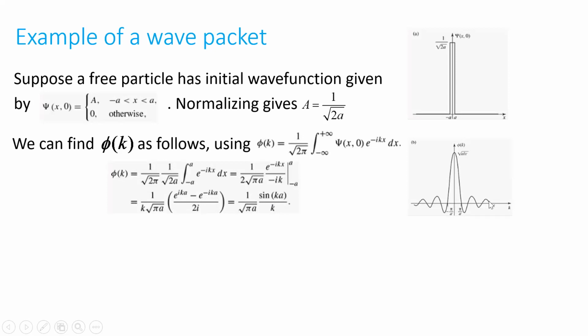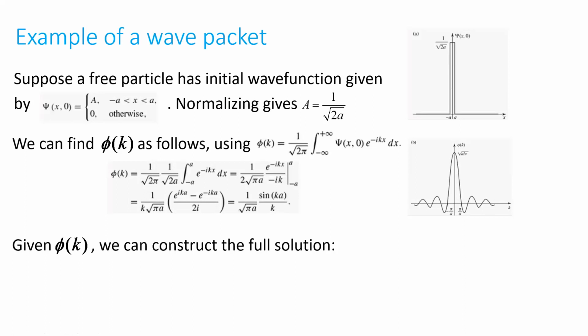So as k gets bigger and bigger, this denominator gets bigger and bigger, and phi of k gets smaller and smaller. So it falls off eventually. But you can see that to produce this localized wave packet, the square wave packet, we have to introduce a range of k values, weighting at different k values, including positive and negative k values.